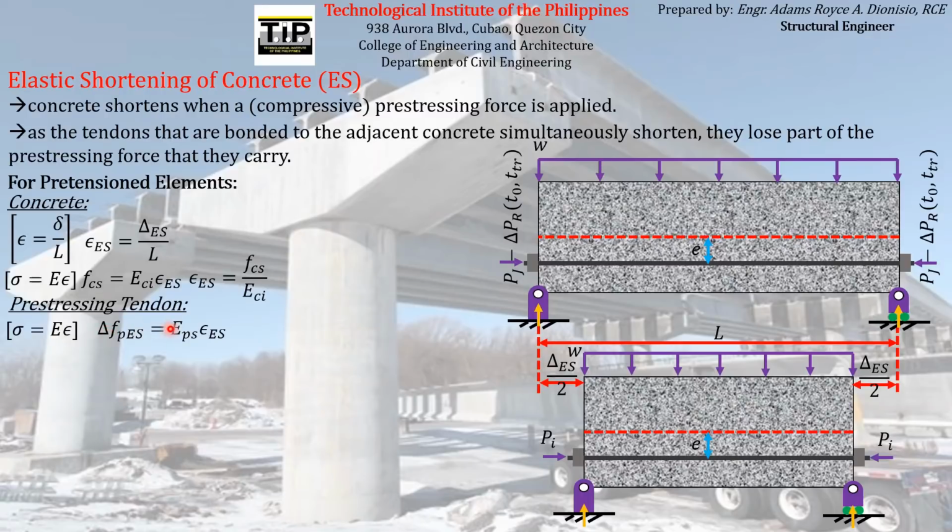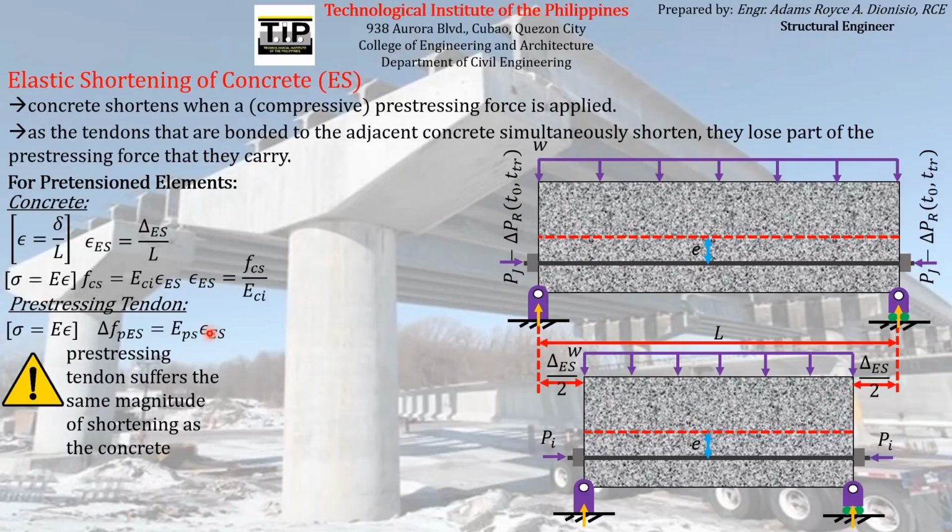And that stress must be equal to the product of the modulus of elasticity of the pre-stressing reinforcement, EPS, times the strain being experienced by the pre-stressing reinforcement. And you just have to take note that since the pre-stressing reinforcement and the concrete are already bonded together, the pre-stressing tendon suffers the same magnitude of shortening as the concrete.